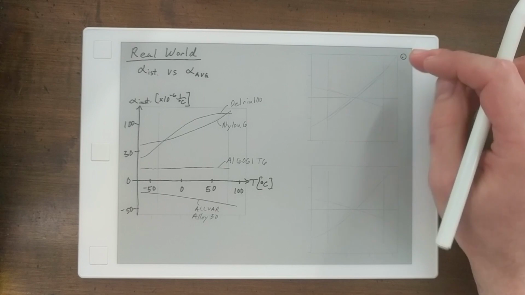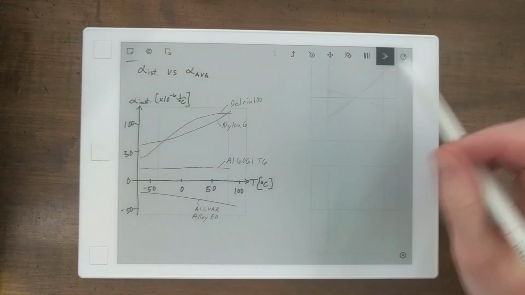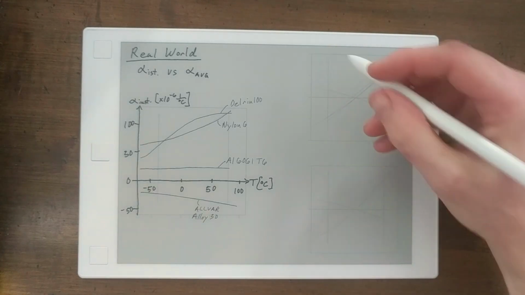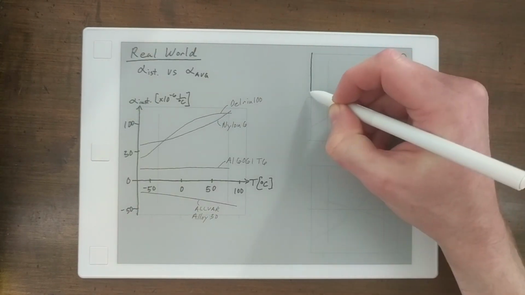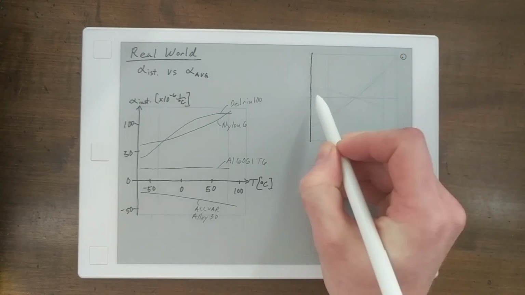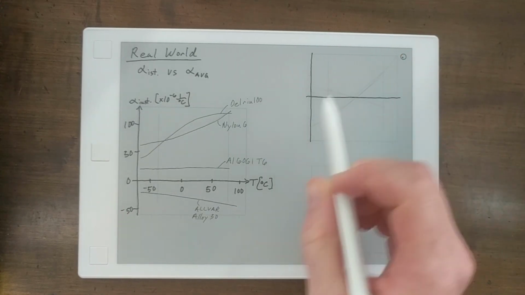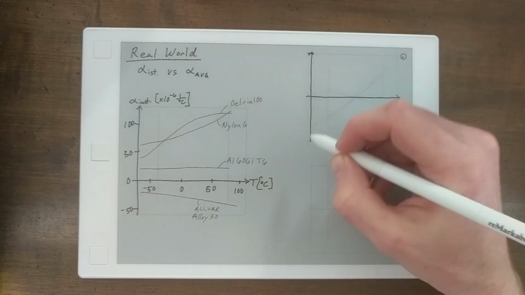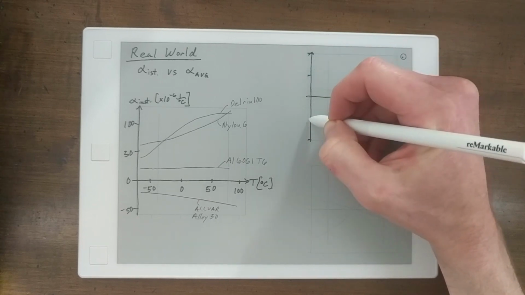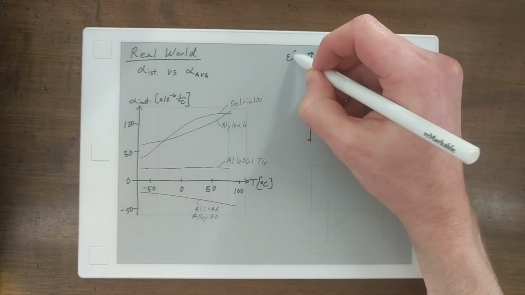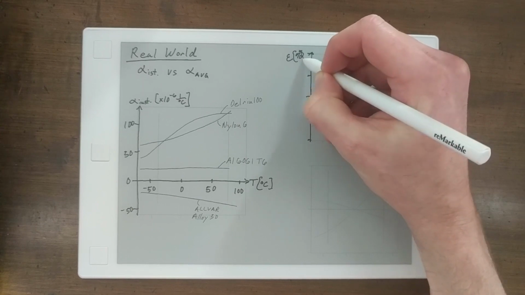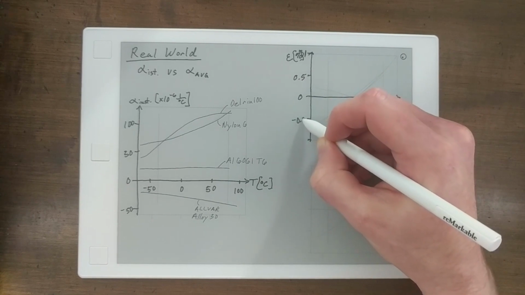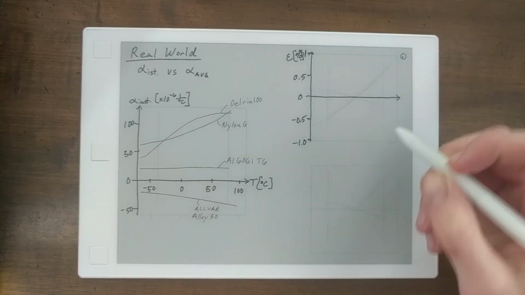So if we take this instantaneous CTE and look at how it influences the strain we would calculate, we'll start to see the difference between the average and instantaneous CTE's result on our calculations. This is strain in percent, and we'll have 1% up here, 0.5, 0, -0.5, and -1% strain.